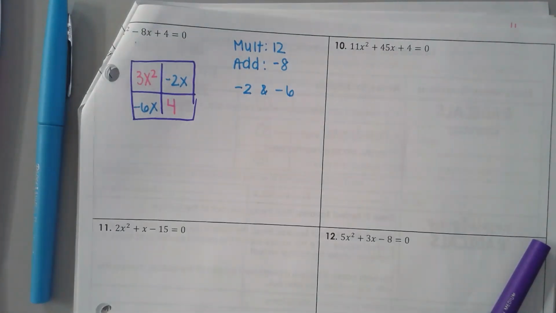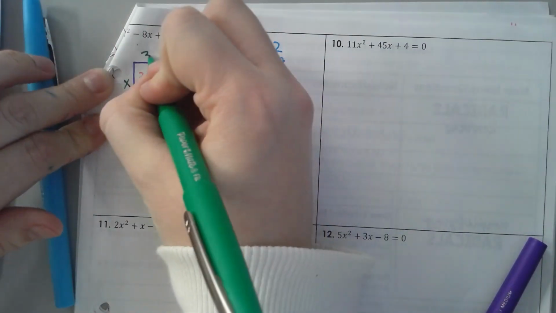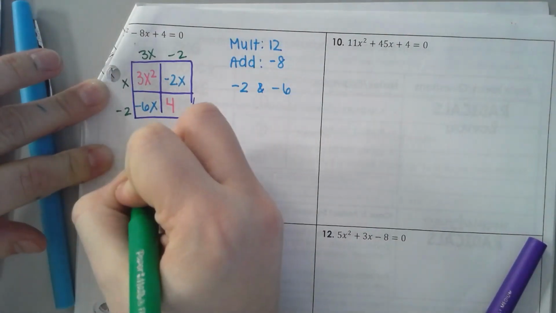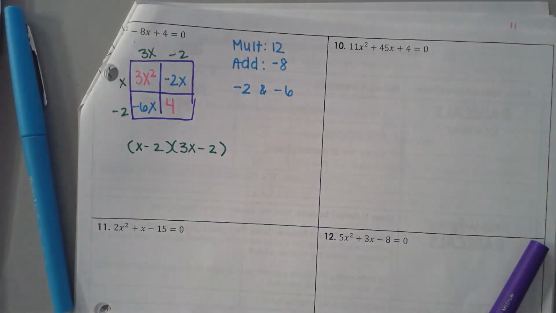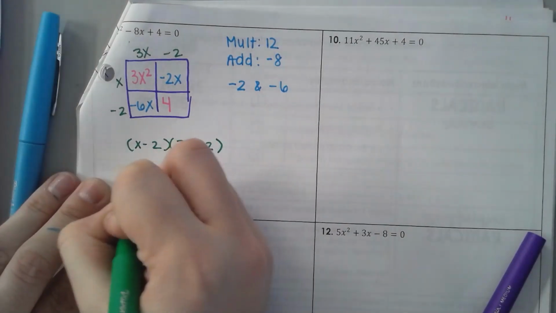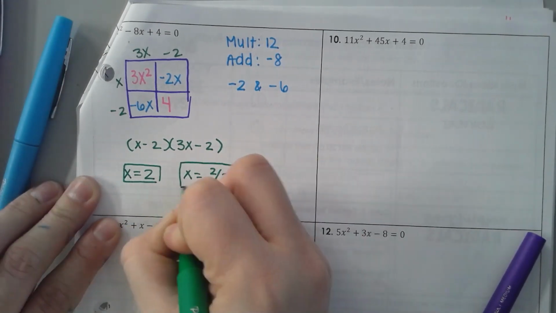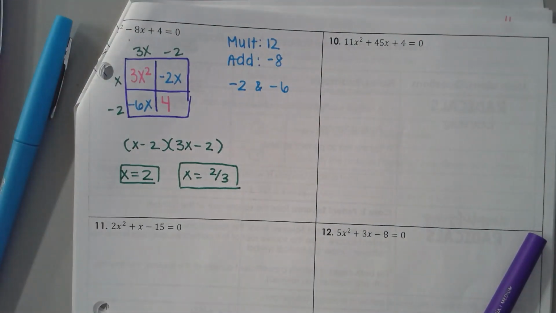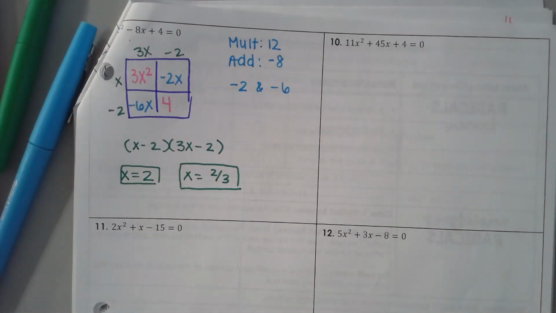Your box. Number 9 should have x-intercepts at positive 2 and positive 2/3. And then number 10.